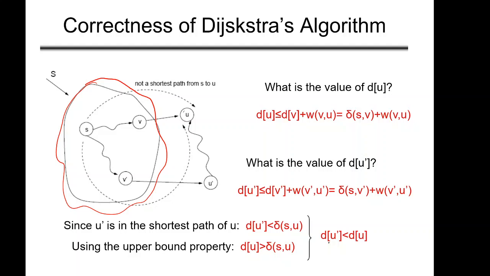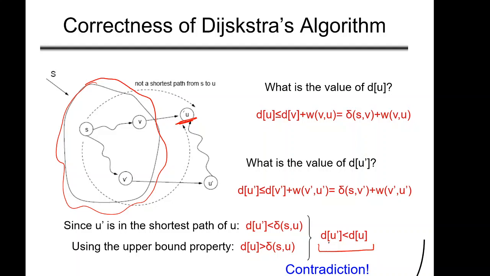So if we are picking u, it means it has the minimum estimated path value among all the nodes. Here comes the contradiction. We are saying there exists a node u dash which has a lesser estimated shortest path cost than u. So if this is true, then why are we picking u?